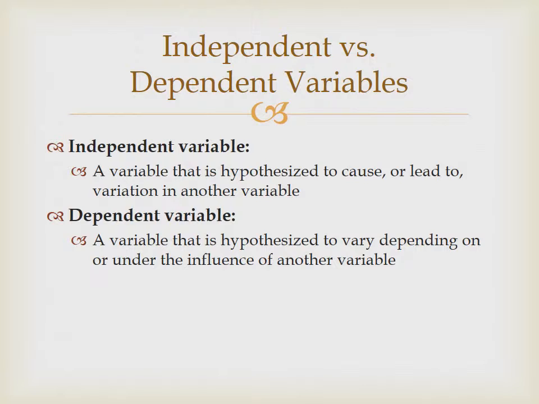So the independent variable is the one that you think may cause or lead to a variation in the other variable. And so we call the other variable dependent just because it's dependent on whatever happens to the independent variable. This is probably confusing right now, but it gets a lot more clear when we start to look at examples.